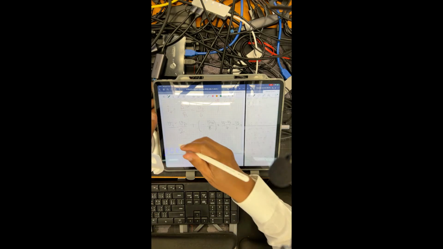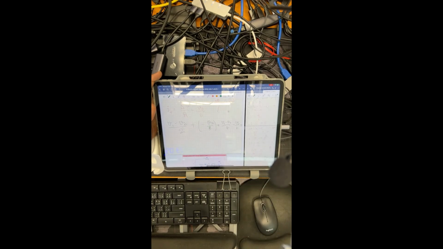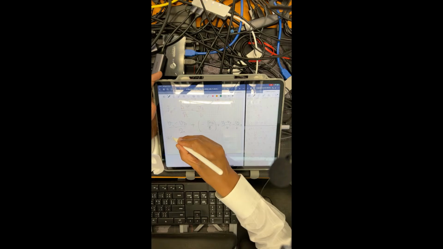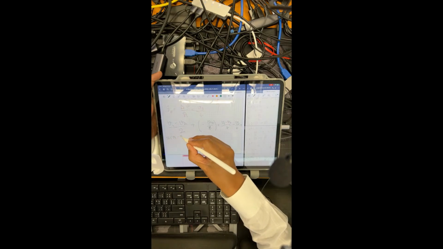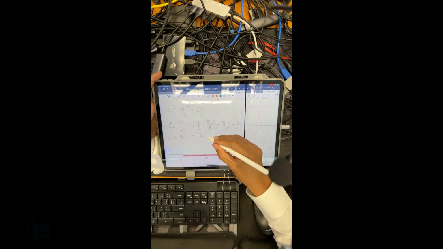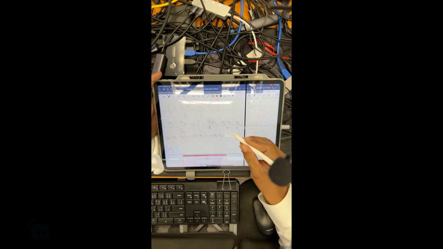The least common multiple is 24. We multiply the whole equation by 12. We get 12 times (V1 minus V2) and plus 3 in front of minus V2, and here 6 times (V1 minus V3), and here 4 V3 equals 0.